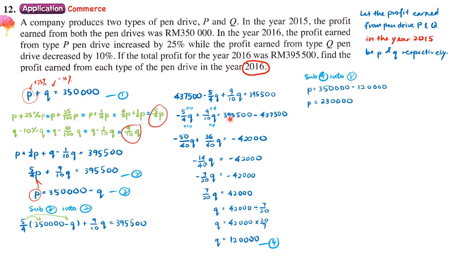Now, just like just now, I'm trying to get rid of all the fractions. You can minus off this part first. Now you can use your primary school method. I multiply both sides so that I can have the same denominator.